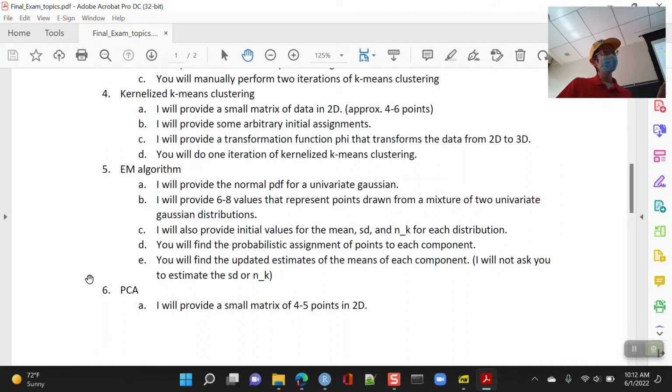And then you'll use the Bayes classifier to find the probabilistic assignments of points to each component. And once you do that, then I will ask you to update the, let me close this door here.